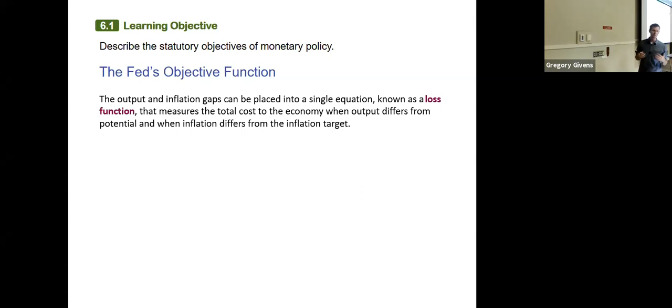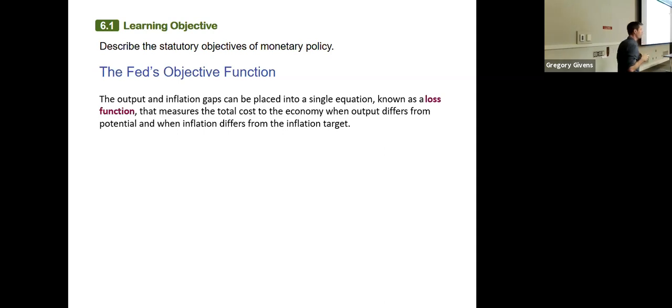It's a loss function for the central bank that basically shows, for a given output gap and for a given amount of inflation, what the cost to society or the economy is for experiencing that level of the output gap and inflation gap. Okay? The greater the output gap and the greater the inflation gap, the greater is the loss that the central bank will experience. That is, the greater is the overall cost of those outcomes to society.